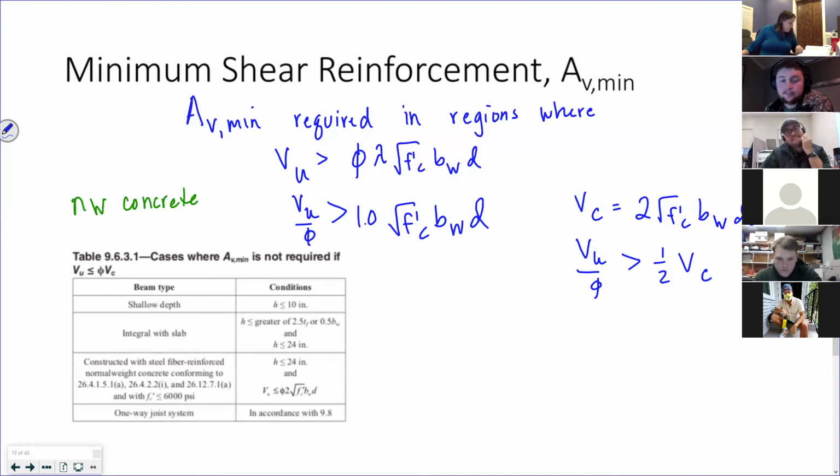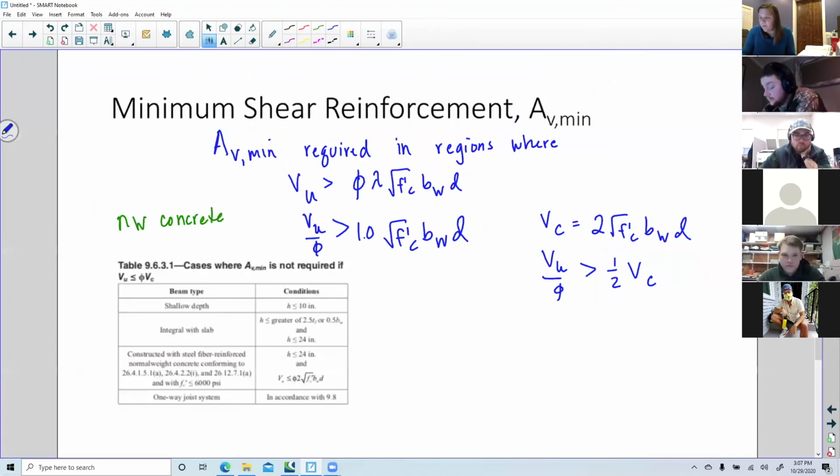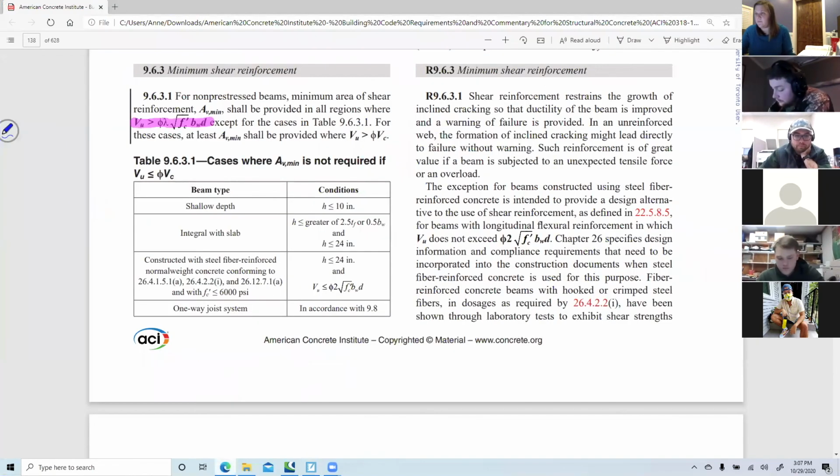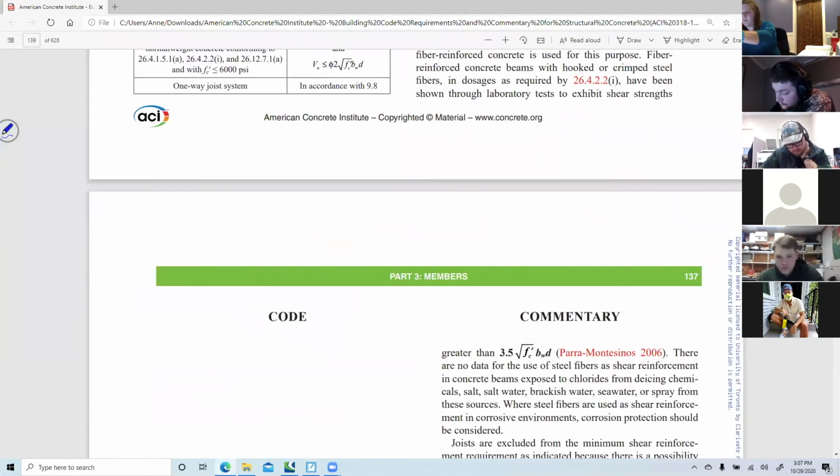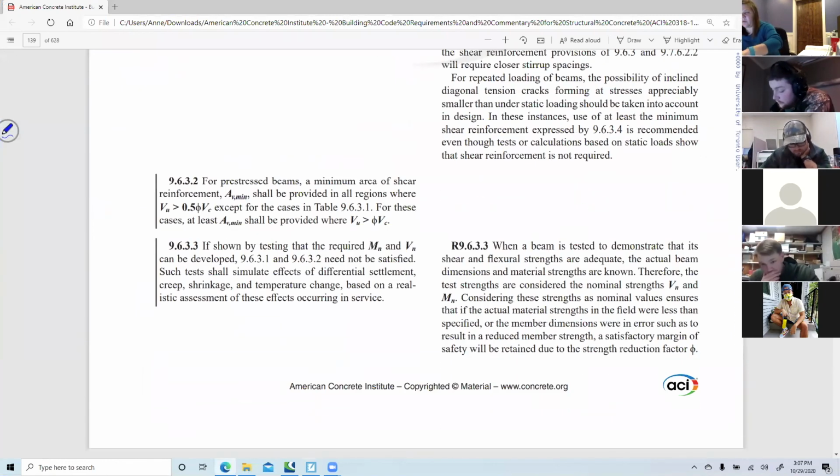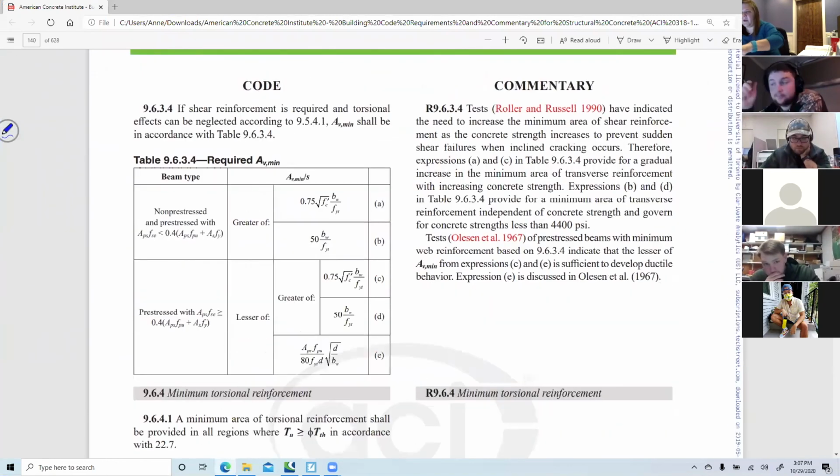This is the joist, and then table 9.6.3.4 on page 138 has what Av means.